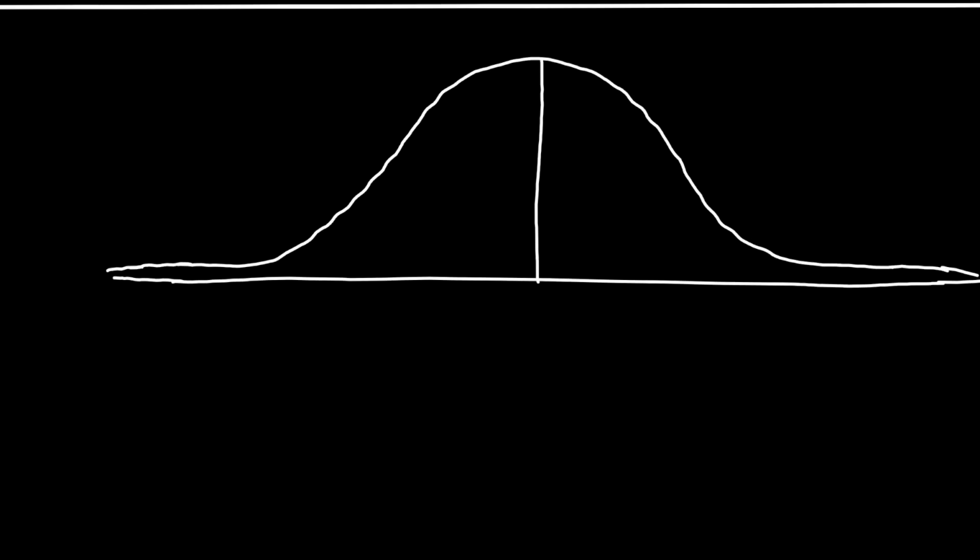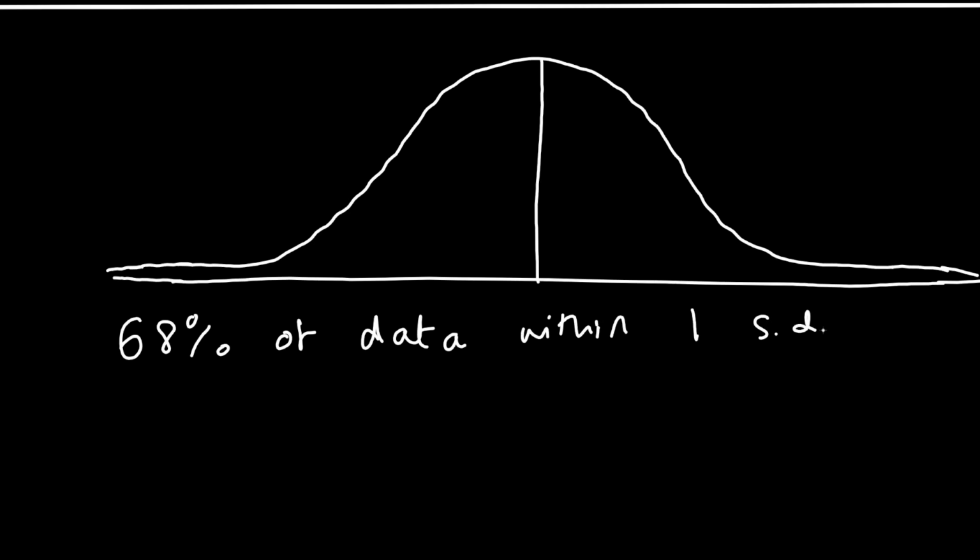From a normal distribution, 68% of data is within one standard deviation of the mean. So within one standard deviation of the mean, so between these two, that would be 68% of the data. Within two standard deviations, we get 95% of the data.